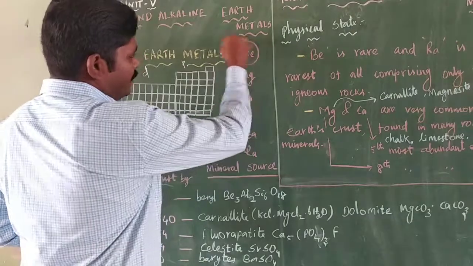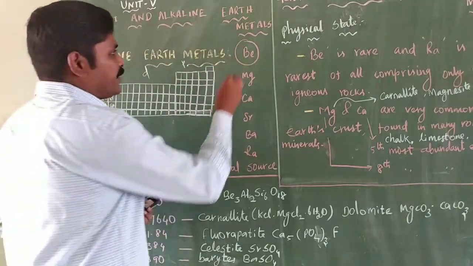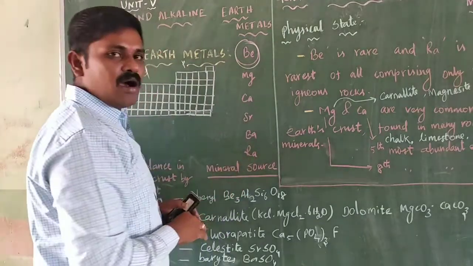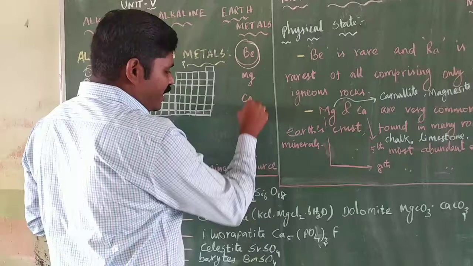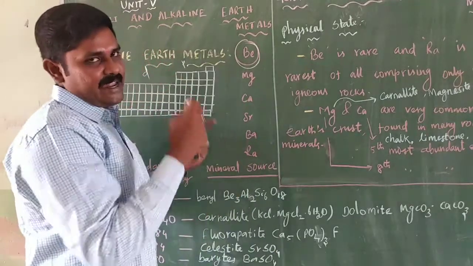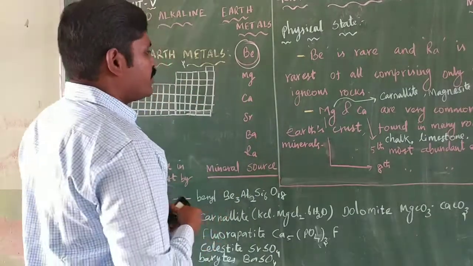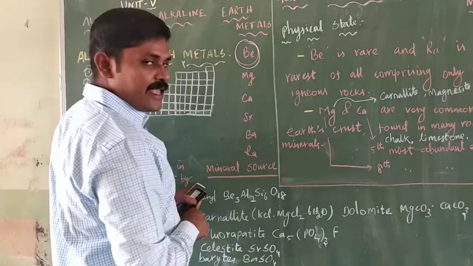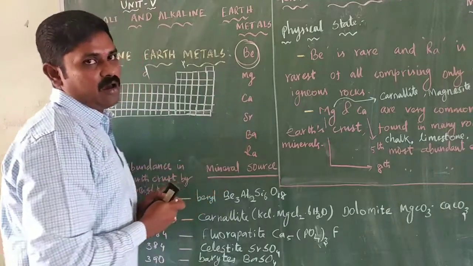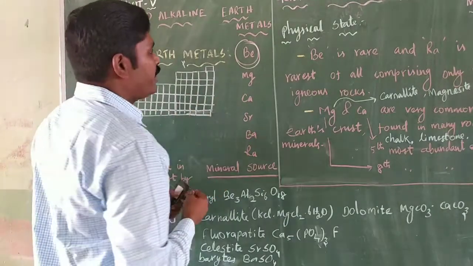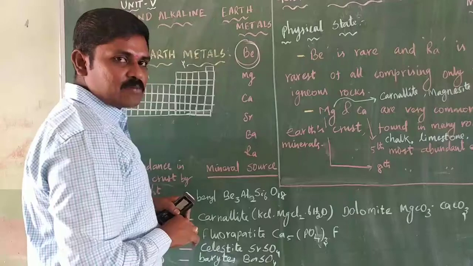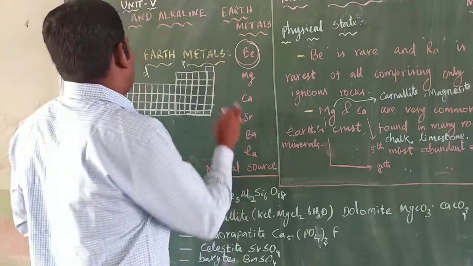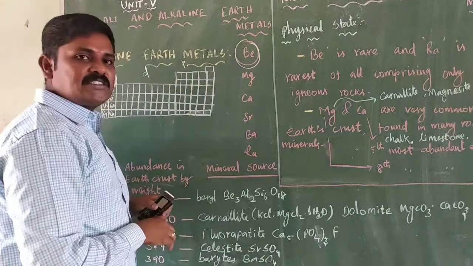Except beryllium, all other elements are alkaline in nature, because the magnesium, calcium, strontium, barium oxides and hydroxides are alkaline in nature. So except beryllium, all other elements are commonly called alkaline earth metals.